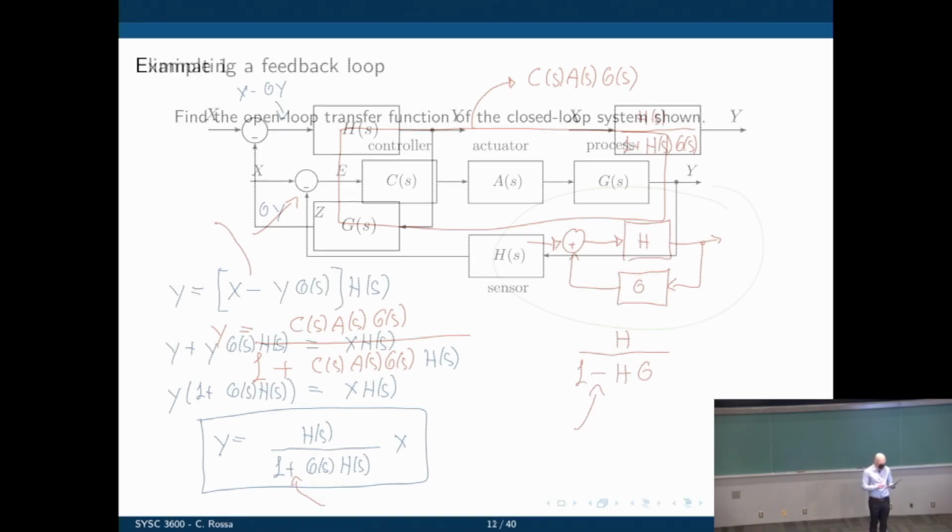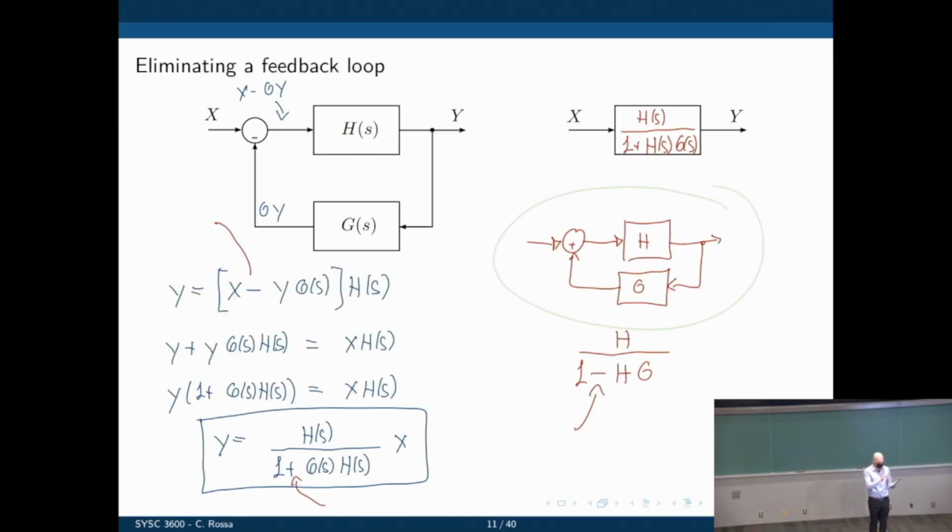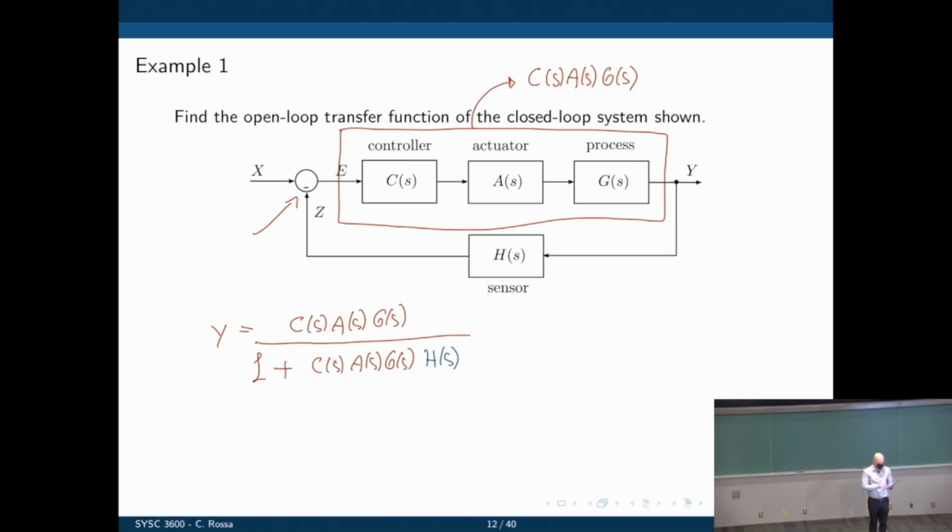In this case here, H on top would be CAG, and our G is H. So it's flipped, but you get the idea.